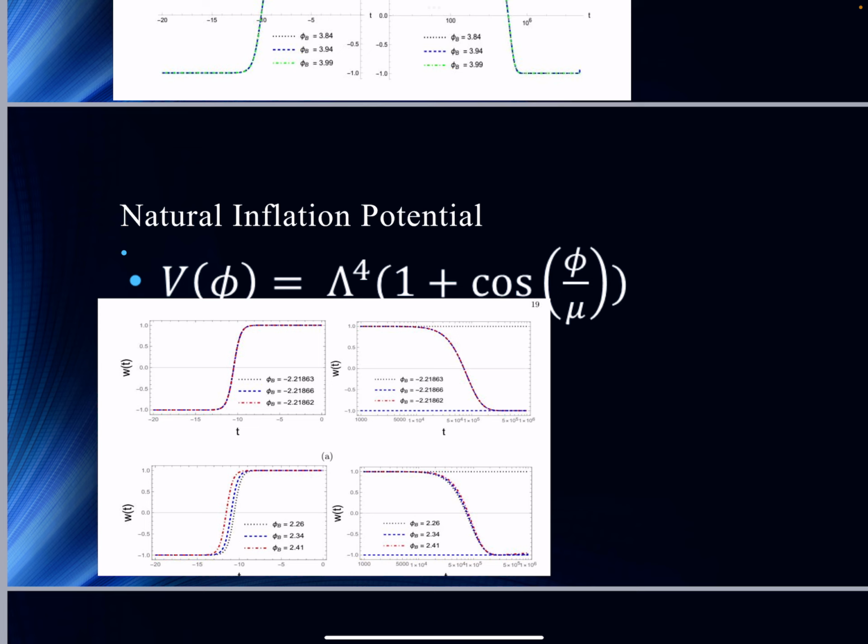This potential has a pretty simple cosine form for the most part, so it's not incredibly difficult to work with. We get slow roll inflation out of this, which can explain the rapid expansion that we have.